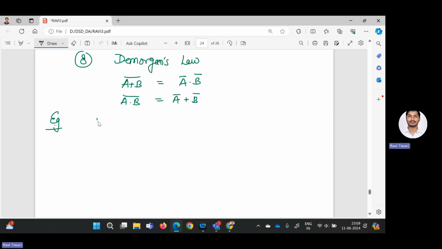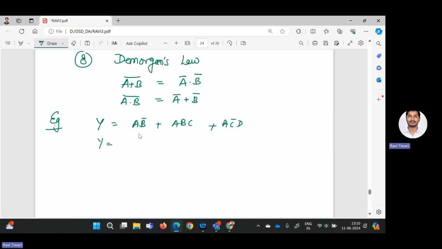For the first question, Y is equal to, for example, we have an equation like this: A B bar plus A B C plus A C bar D. So how to start this question?